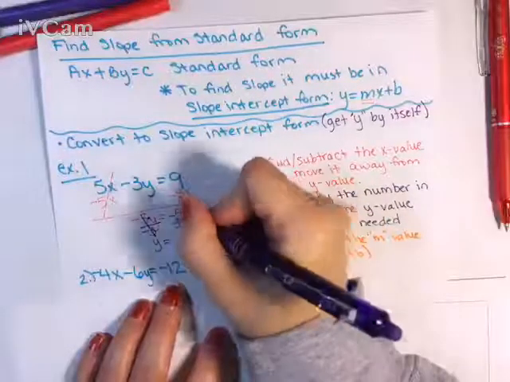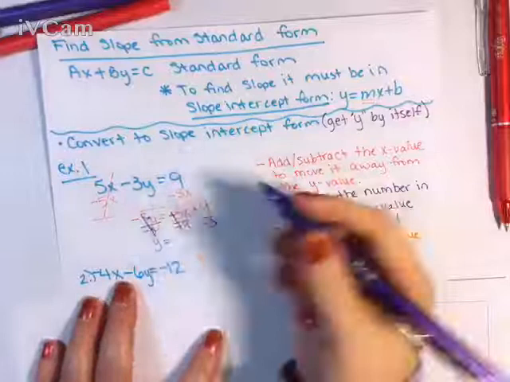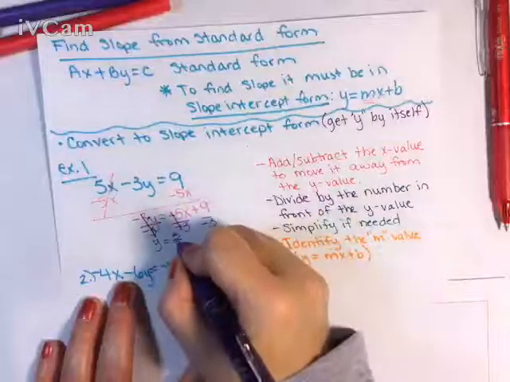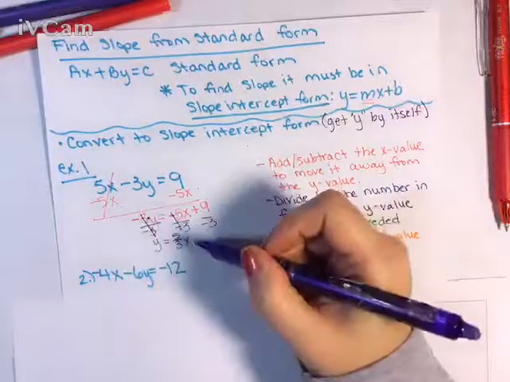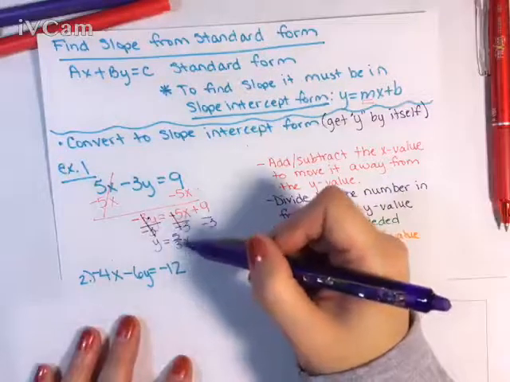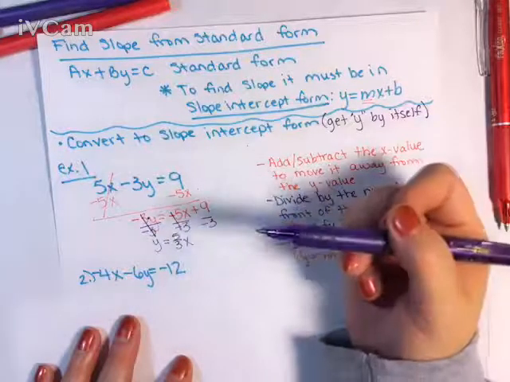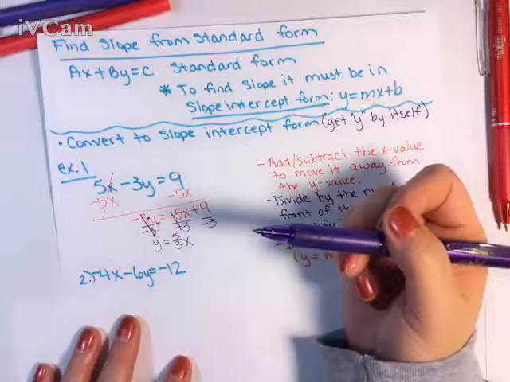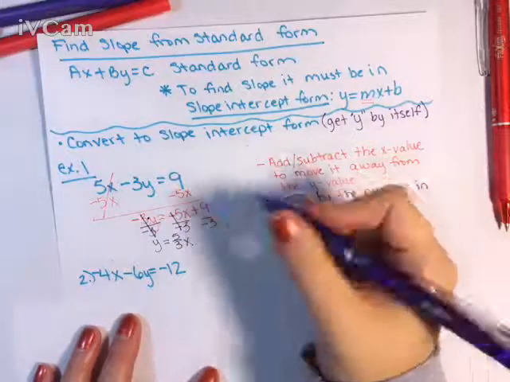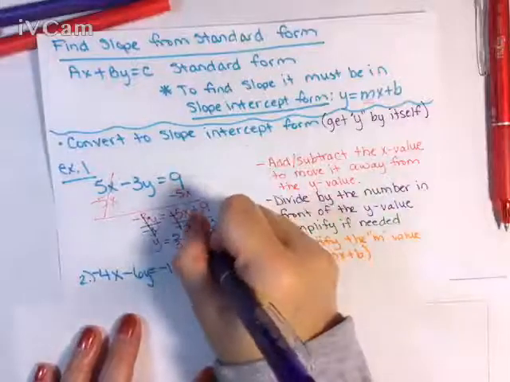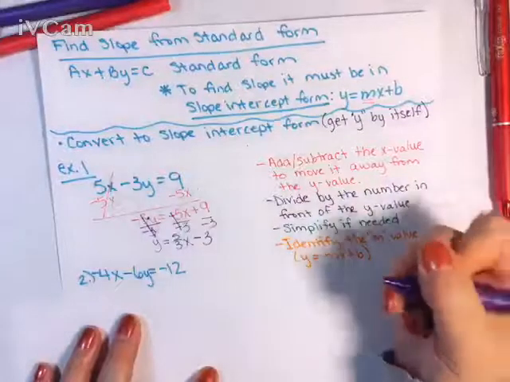On this part right here, the negatives are going to cancel out so that you have a positive 5 over 3. We cannot simplify that anymore, so it doesn't divide evenly, and there's nothing that goes into both of them, so we're going to just leave it 5 over 3. And then 9 divided by negative 3 is just going to give you a negative 3.